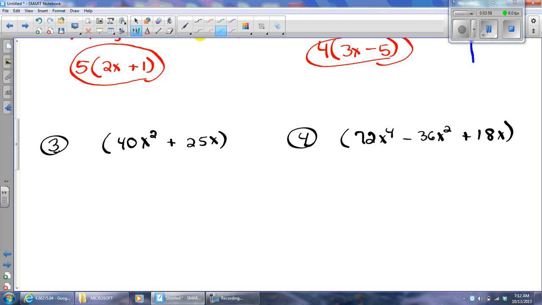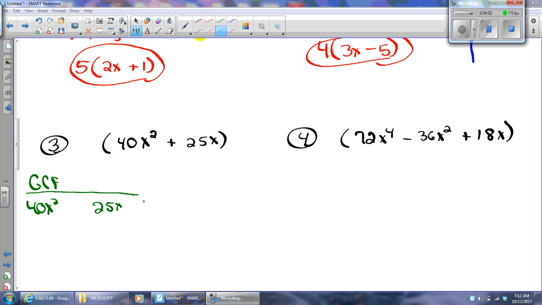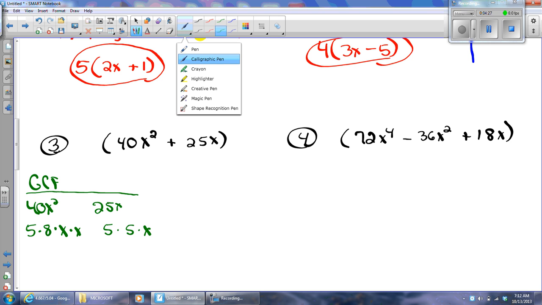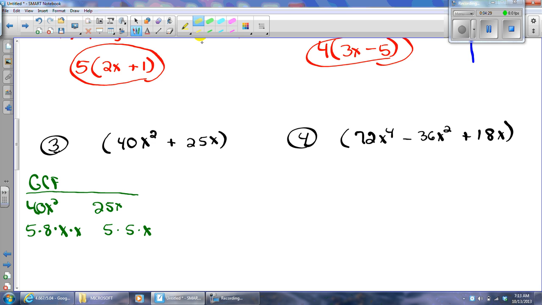I could think about 40x squared as 5 times 8 times x times x, and I could think about 25x as 5 times 5 times x. Now, are you wondering why I used 5 times 8 instead of like 4 times 10? Because I knew 5 was going to be a common factor. I kind of cheated because I know my factors so well, because I know my multiplication tables.